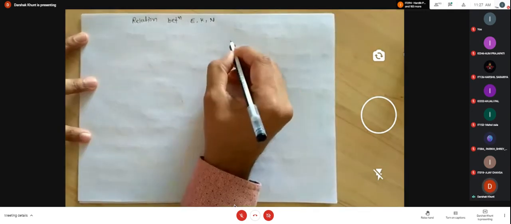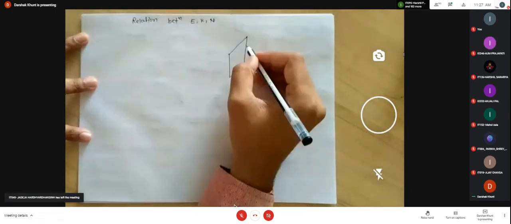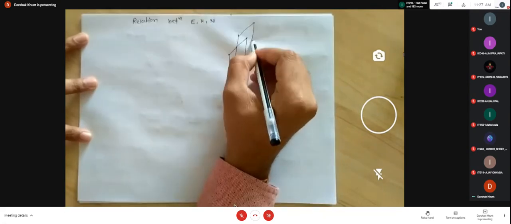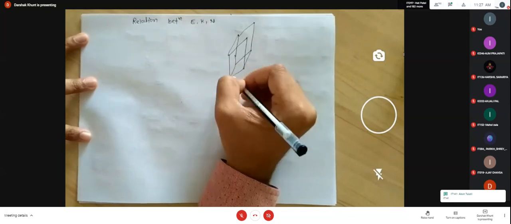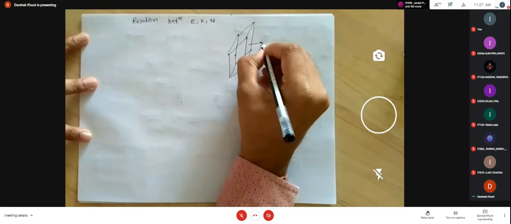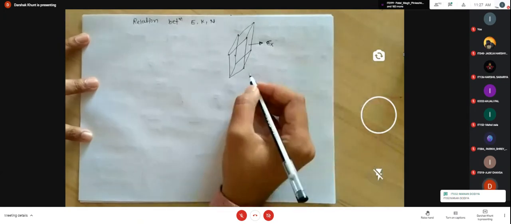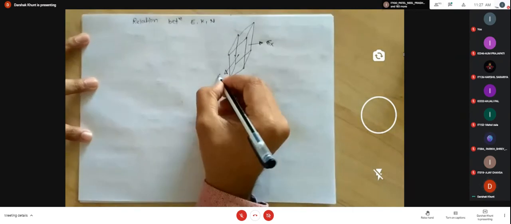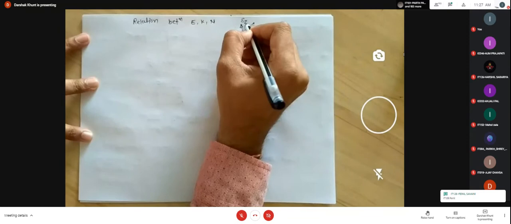So if we consider any element like this, in these directions here we have stress and strain in the x direction, strain in the y direction, and strain in the z direction is this.